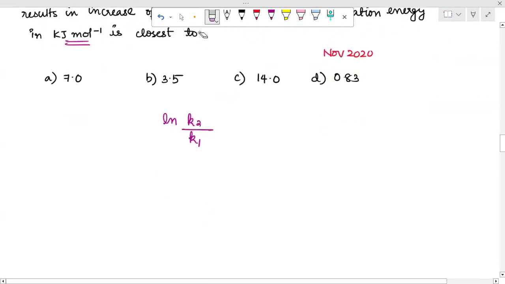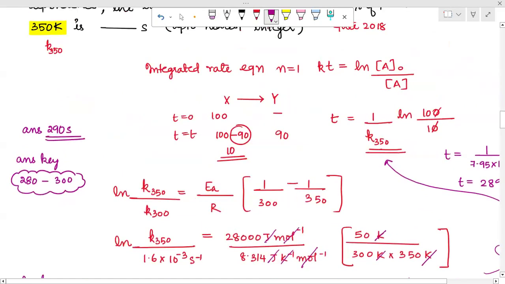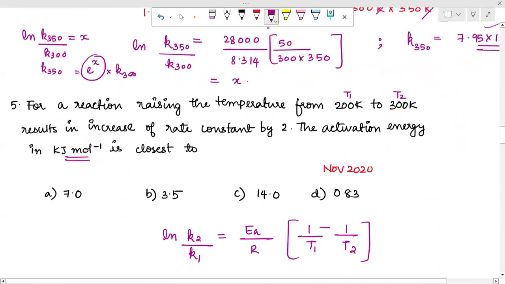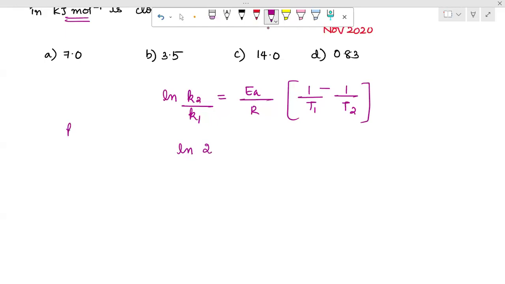So over here, ln of K2 by K1 is equal to EA by R into 1 by T1 minus 1 by T2. They have already said that when you increase the temperature, the rate constant increases by a factor of 2. So K2 by K1 is equal to 2.